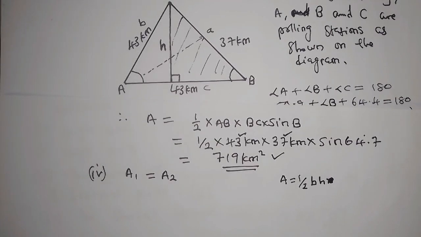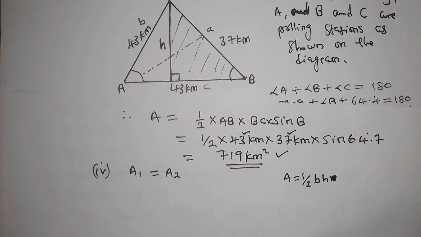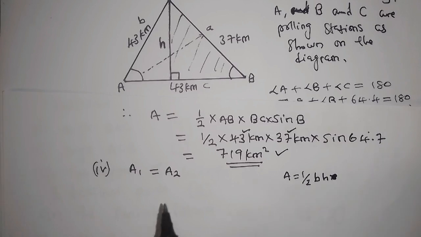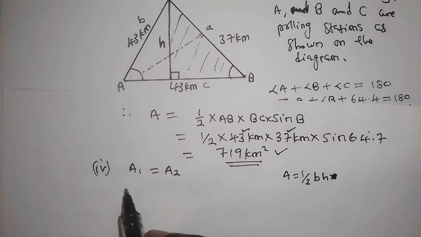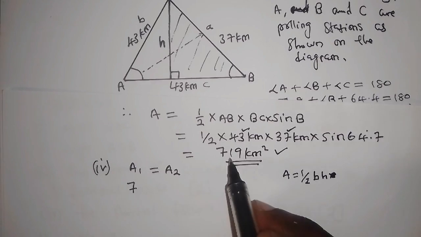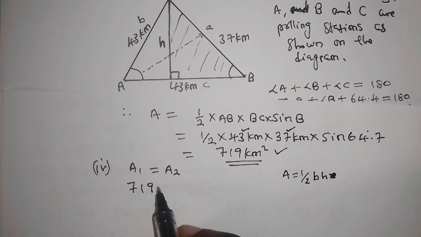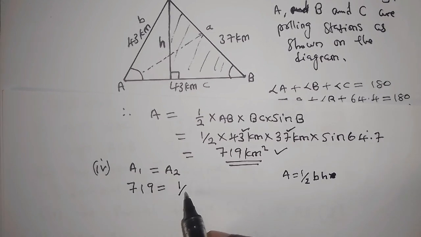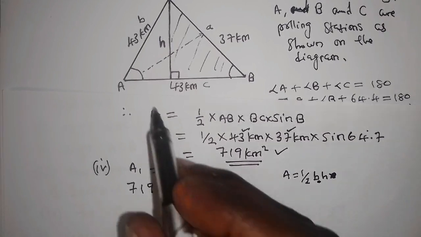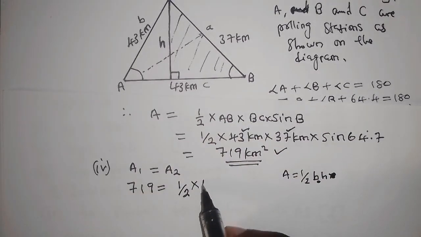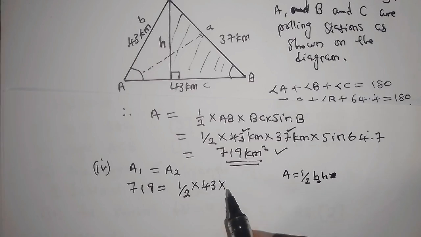So from there, we can replace area 1 with 719, which equals half multiplied by the base, which is this whole part, 43, multiplied by the height.